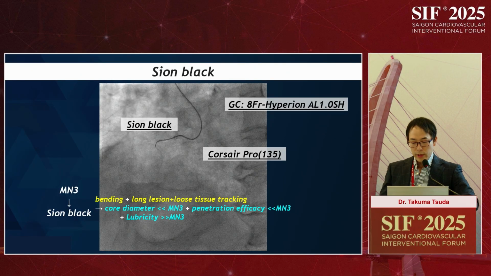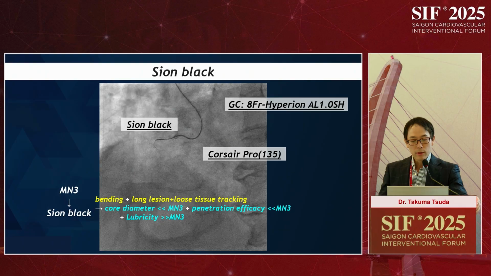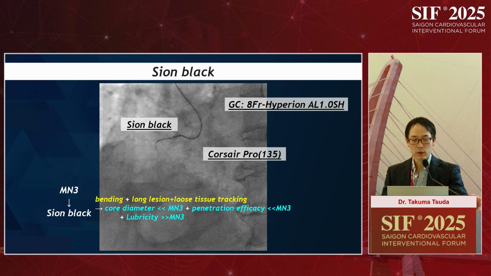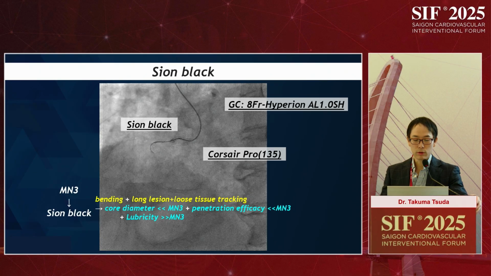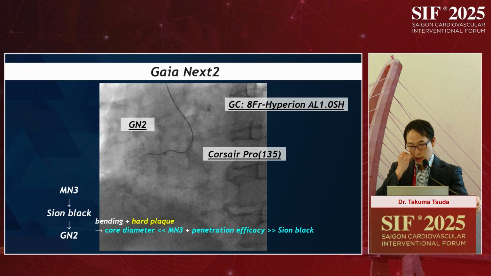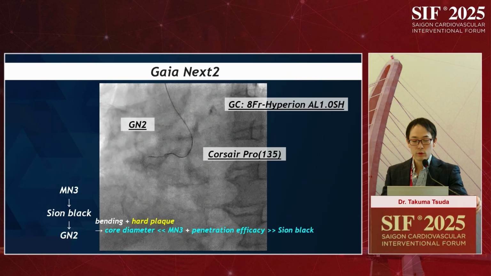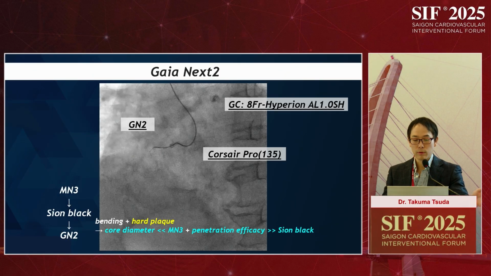But it failed to pass the proximal. But when switched to Suoh, Suoh could pass the first corner like this. But in the second corner, Suoh could not clear. So I stepped up to the Gaia Next 2. But unfortunately, the Gaia Next 2 could not overcome the first corner.